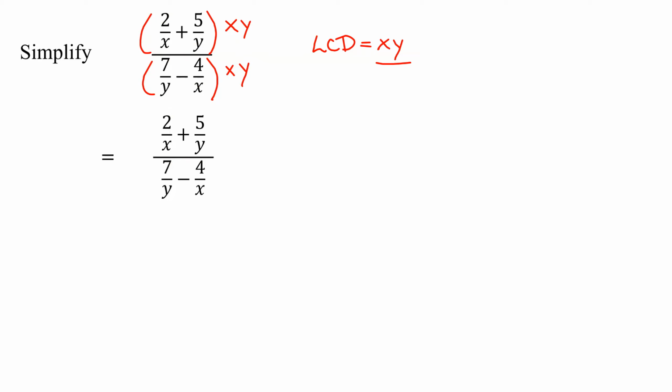I prefer to rewrite the problem and then multiply each term in the numerator and the denominator by the LCD of xy that I turn into a fraction by dividing it by 1. So I'm just going to do that. I have 2 terms in the numerator and 2 terms in the denominator.